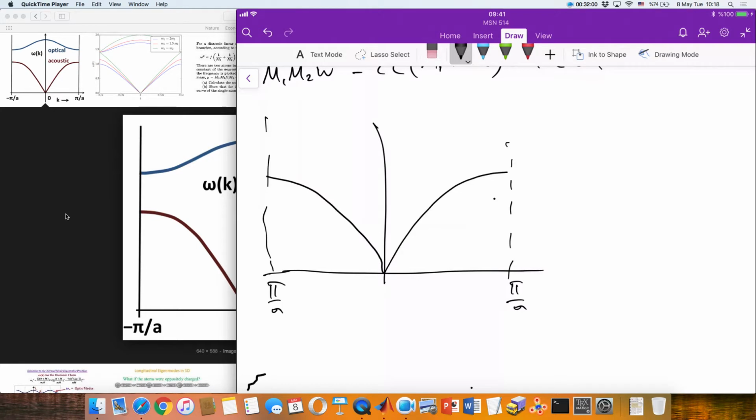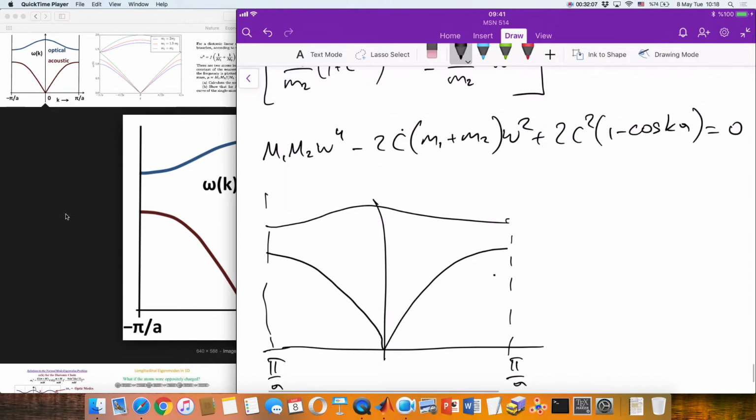But what about the next one? So you can see that you have two modes here. One of them is called acoustic, the other one is optic. So basically you will get 2 branches from here, and in one of them U and V will be 1, 1, okay?